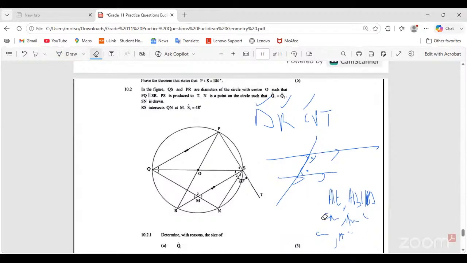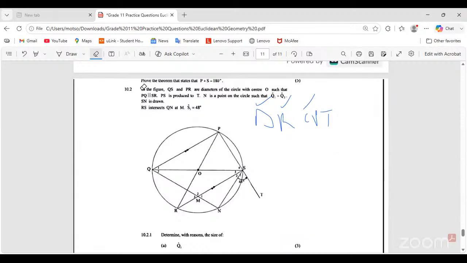Fine. Now let us go for the triangles and talk about triangles. We talk about isosceles triangles a lot and the exterior angle of a triangle. So always when you have a triangle with two equal sides, these angles will always be equal, and your reason will be the base of an isosceles triangle or angles opposite equal sides, because this angle is opposite that side and this angle is opposite that side, right?